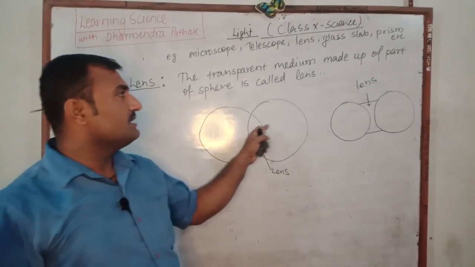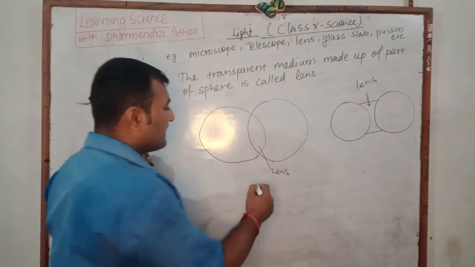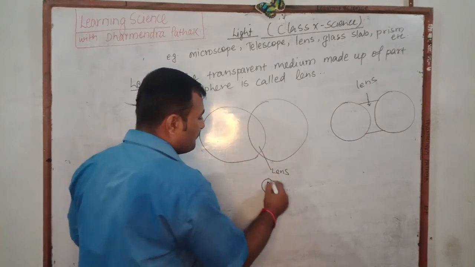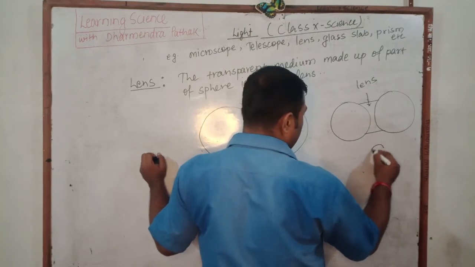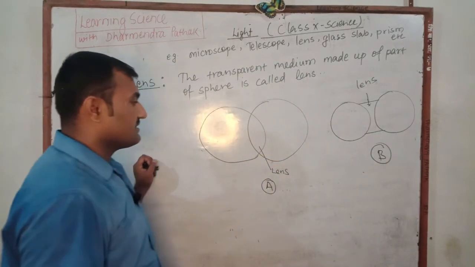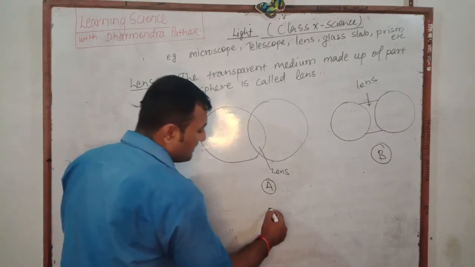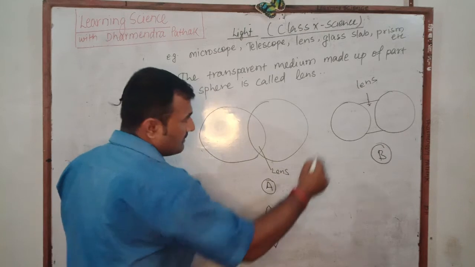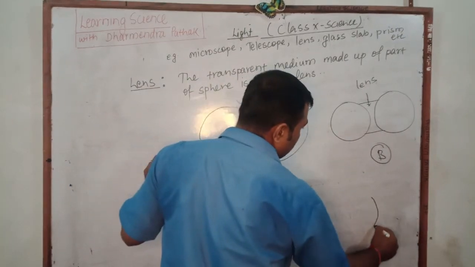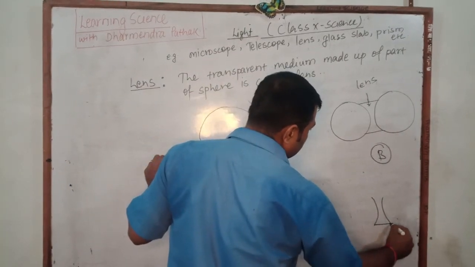In both diagrams A and B, we find that the parts formed by the spheres are different in structure. In diagram A, it is like that. In diagram B, the central part is like that.